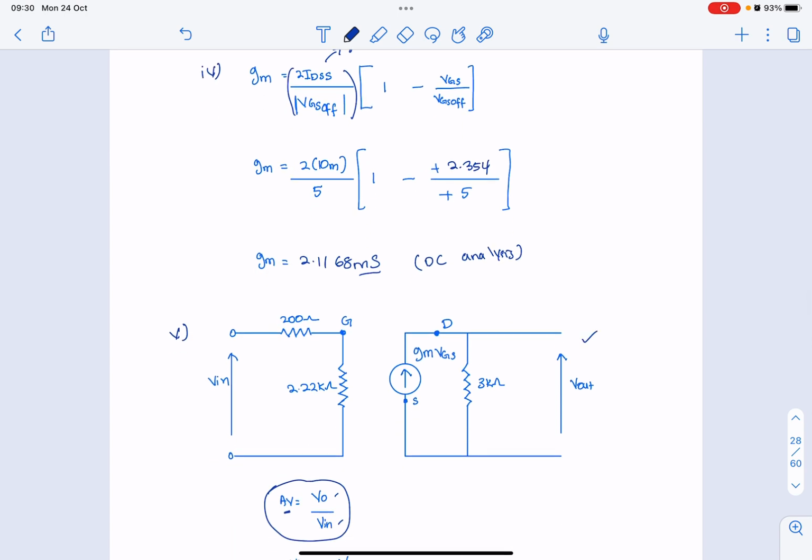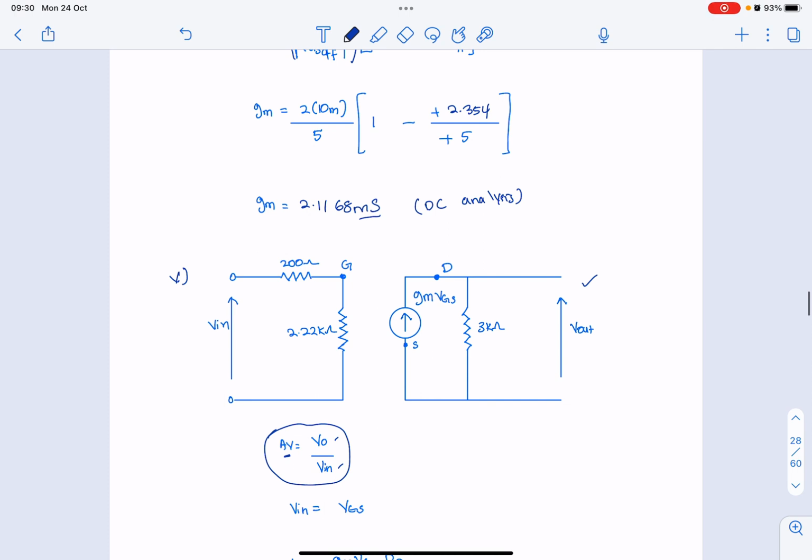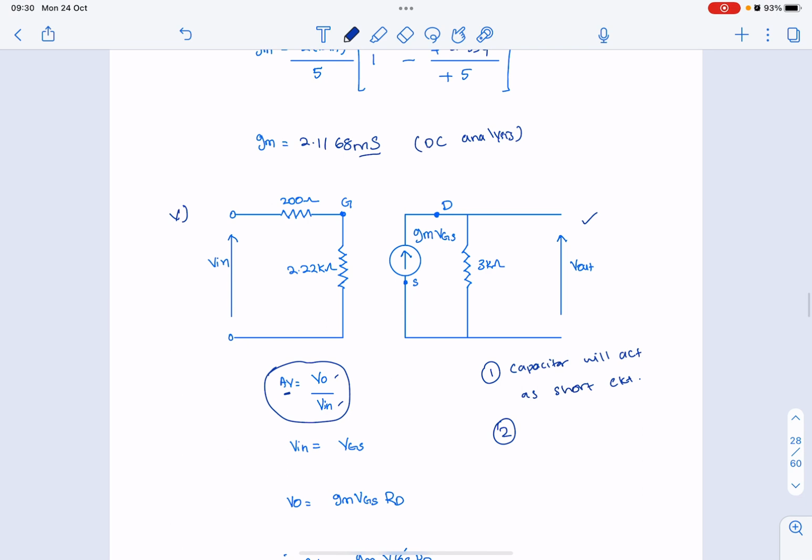In order to convert the original circuit into the equivalent circuit, number one, capacitors will act as short circuits. Number two, all DC components will be grounded.